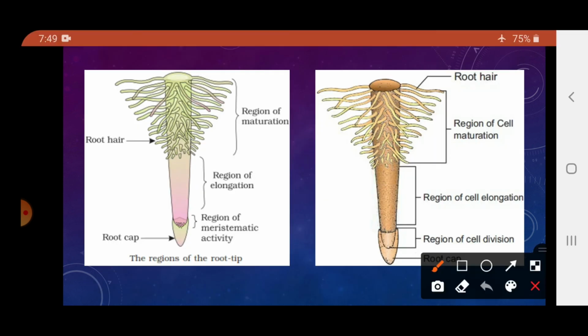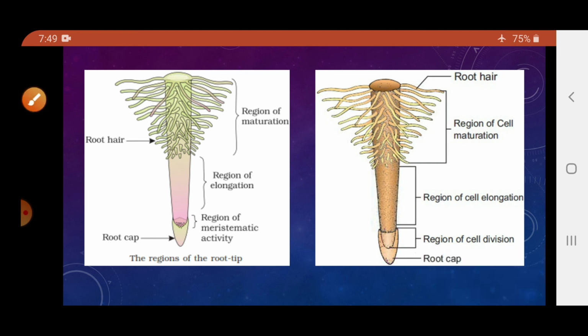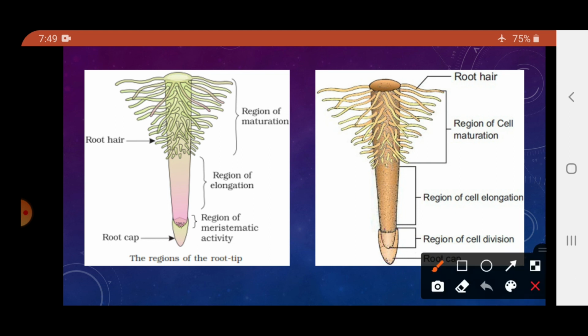See students, in the diagram here you can see that this is the tip portion of the root, which is the region of meristematic activity or cell division. Now this portion penetrates into the soil, so it is covered by a cap-like structure called the root cap.